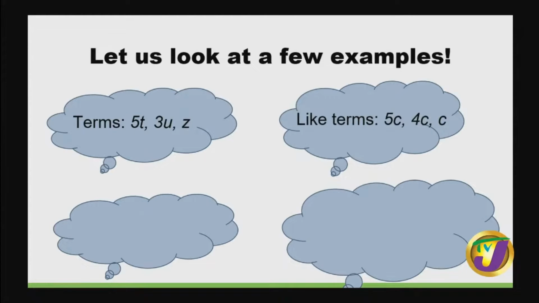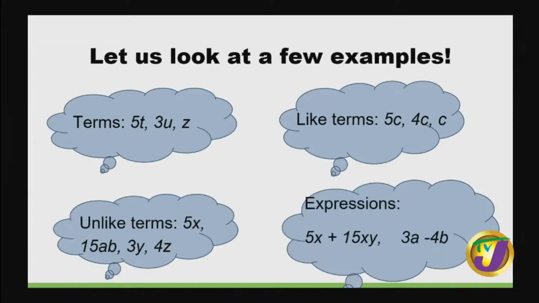Those all have things in common. It has the same variable, so they're called like terms. Then you have unlike terms. We have 5x, 15ab, 3y, 4z. None of these terms have similar variables. They're all different. All right, so they're unlike terms.